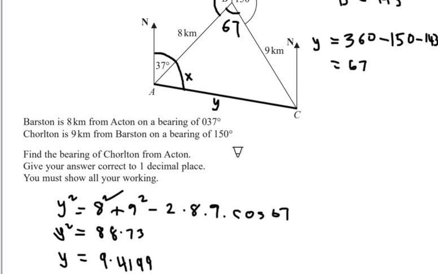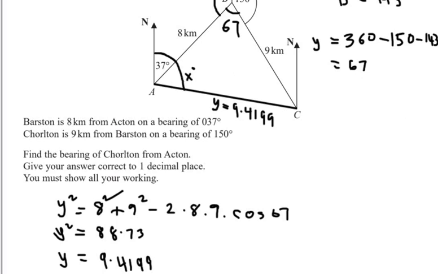So this is the length of y here, or the length of AC, 9.4199. Okay, so now that we know all three sides of this triangle, we can try to get the value of X, which is this angle here.